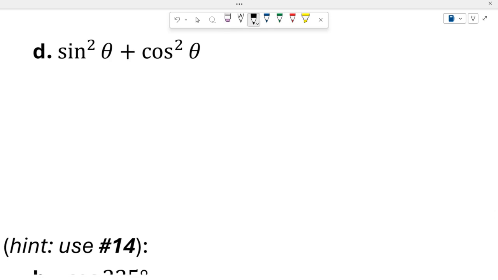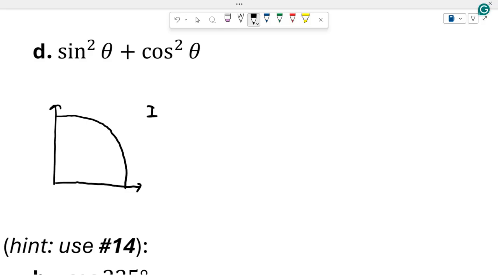And before I tell you what it equals, I do just want to point out that you may remember, on the unit circle, I'll do just the first quadrant here. So this is quadrant 1, and this is a piece of the unit circle, okay?